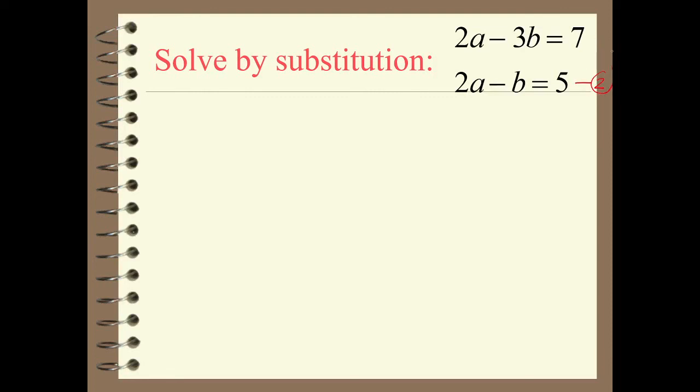Okay, equation 2, equation 1. So using equation number 2, that is 2a minus b equals 5. So this is transpose this because I want to have negative b is equal to negative 2a plus 5. Is this clear?